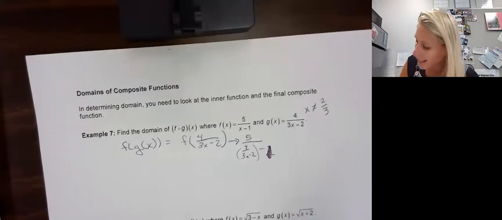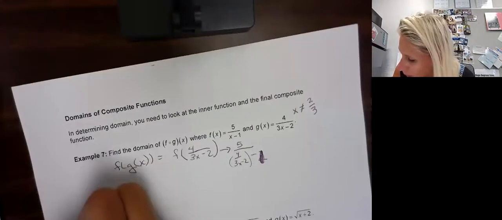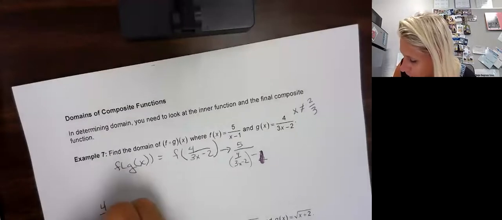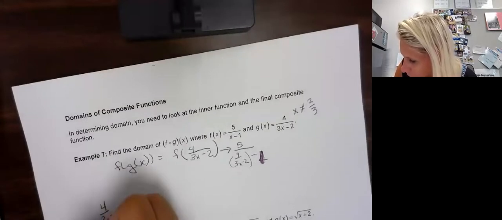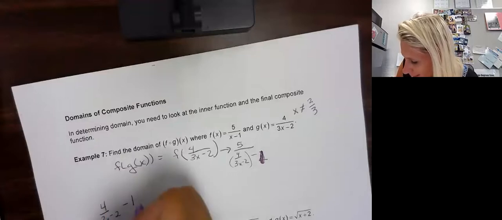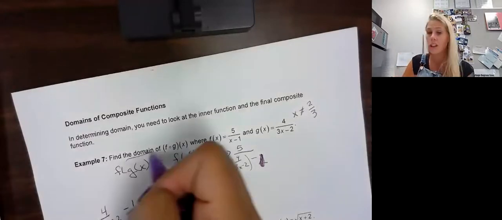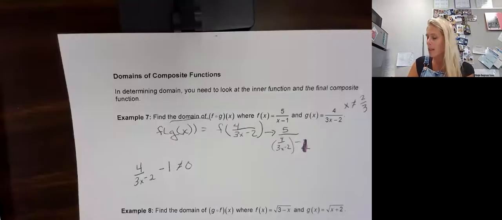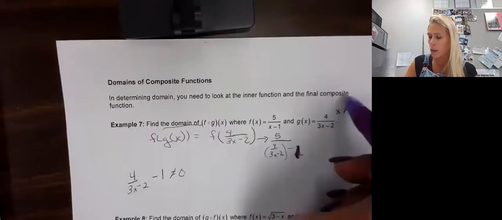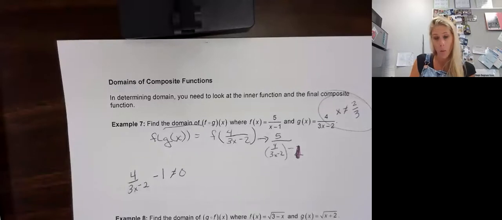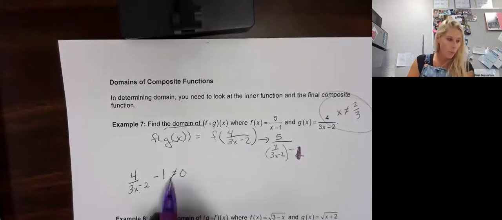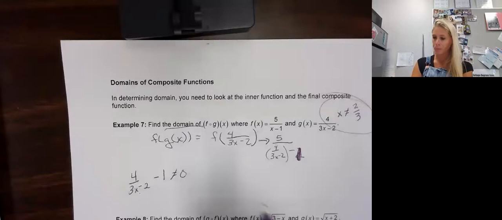No. What we need to remember is that 4 over 3x minus 2 minus 1 cannot equal 0. Because it doesn't say simplify, it just says find the domain. One of the things people forget is that you want to do that inside function first of what it can't be. Now we will have to do some simplifying.